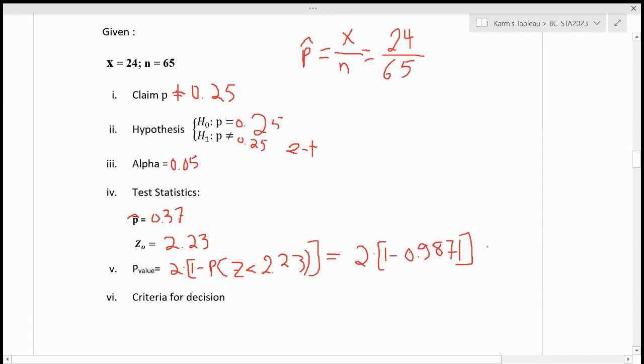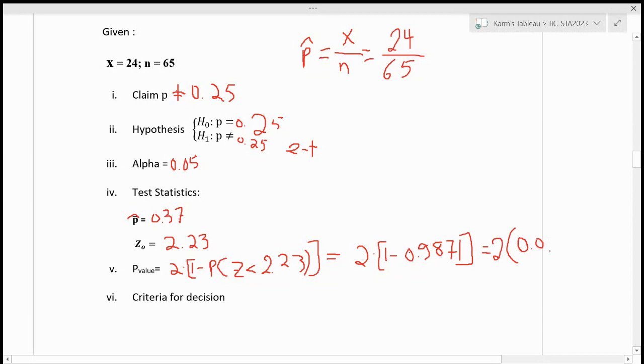That's going to be equal to 2 times 1 minus 0.9871, which probably might give you 0.0258. Is that the last answer?